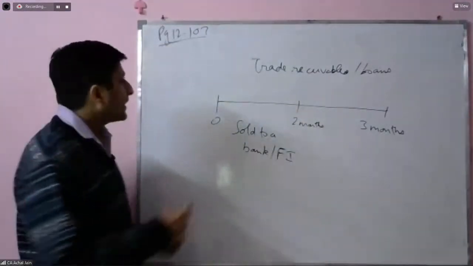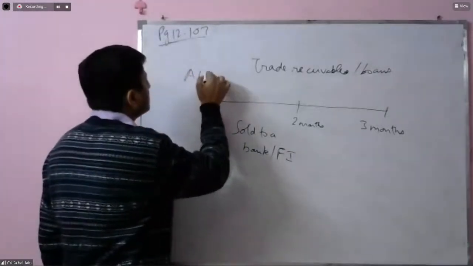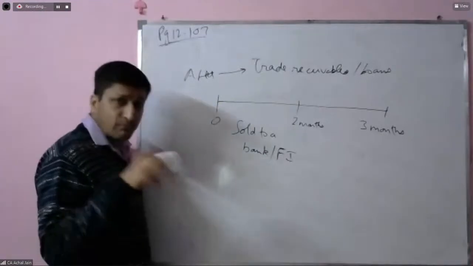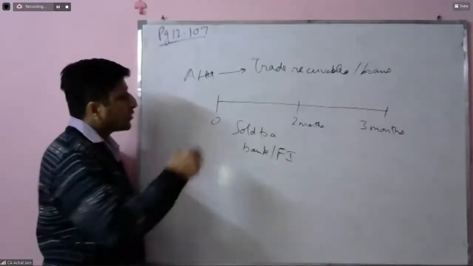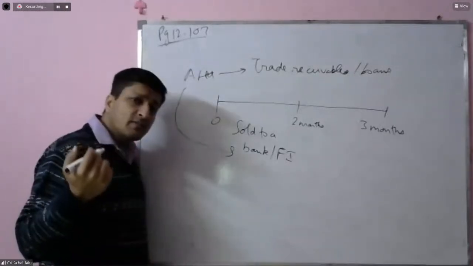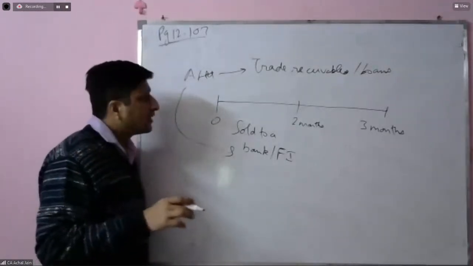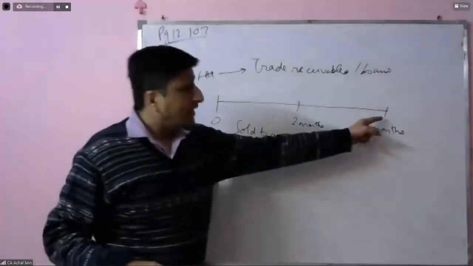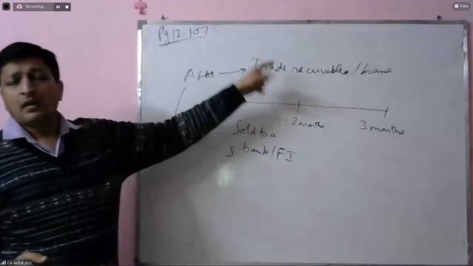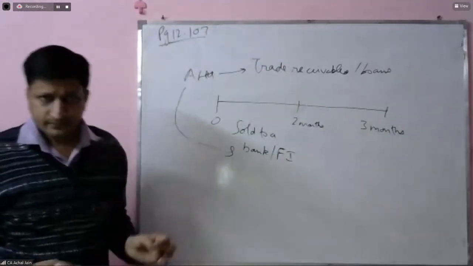Say A Limited has got trade receivables, but A Limited needs money before 3 months. So A Limited reached out to a bank and sold its trade receivables to the bank, which means on the due date, money from the trade receivables will be collected by the bank.